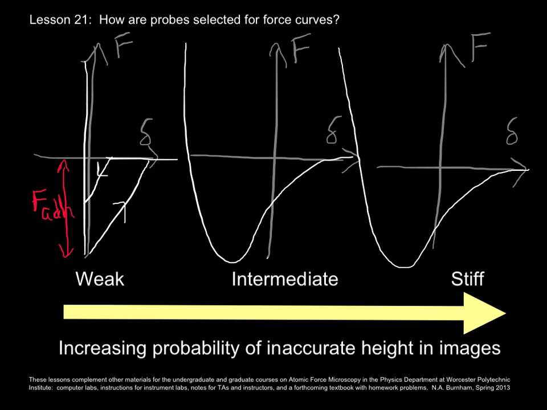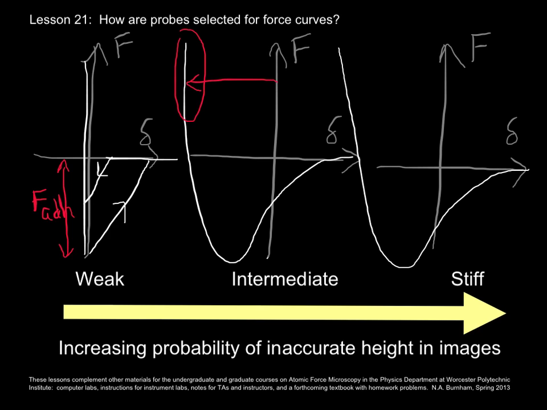But shortly after, the forces become net repulsive, the curve becomes infinitely stiff. That just means the tip-sample interaction is much, much bigger than the stiffness of the cantilever.